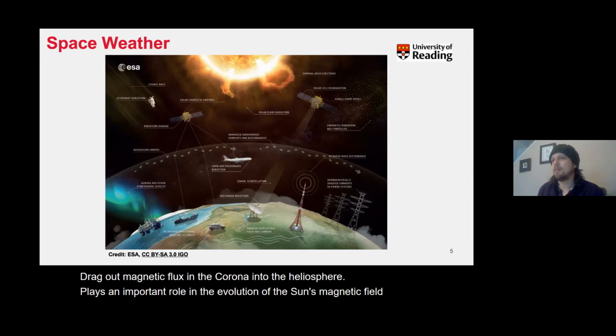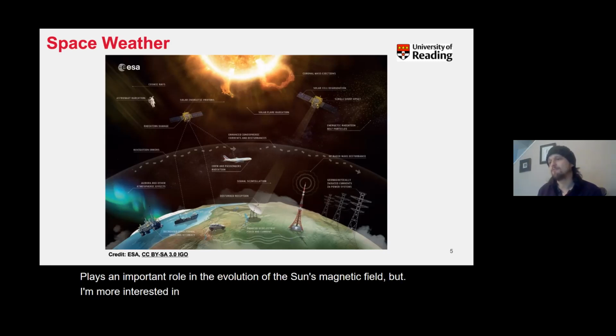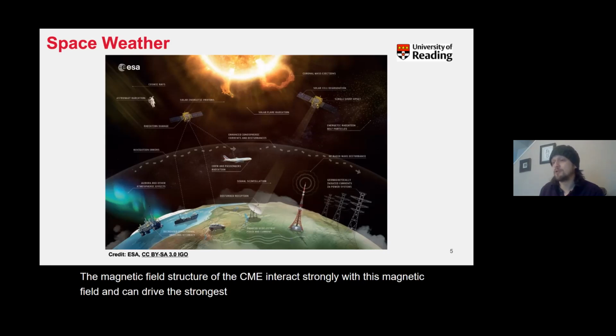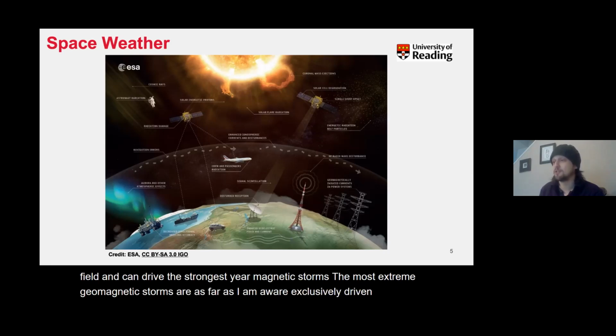But I'm more interested in coronal mass ejections from a space weather perspective. When CMEs propagate out through the solar wind and eventually reach Earth, the magnetic field structure of the CME interacts strongly with Earth's magnetic field and can drive the strongest geomagnetic storms. The most extreme geomagnetic storms are, as far as I am aware, exclusively driven by energetic coronal mass ejections.